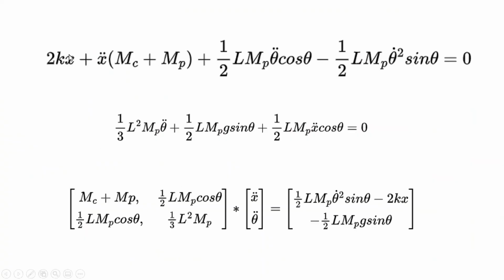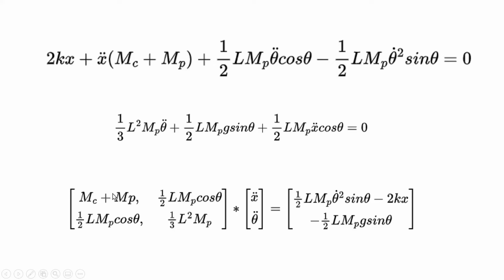Okay, so here are the two equations that we derived, Lagrangian equation 1 and equation 2. This one is for the x generalized coordinate, and this one is for the theta generalized coordinate. And to be able to plug this into ODE 45, we need to have the theta double dot and the x double dot all on one side of the equation. And we see here we have an x double dot and a theta double dot on the left hand side here, and a theta double dot and an x double dot also on the left hand side here in equation 2.